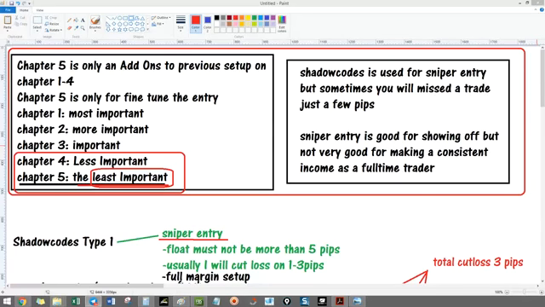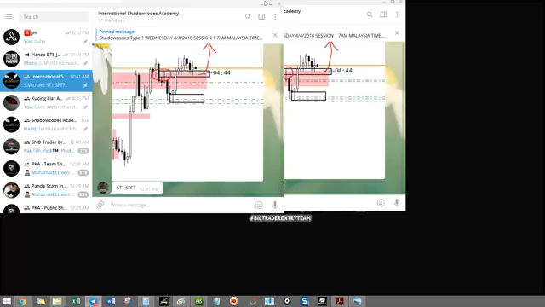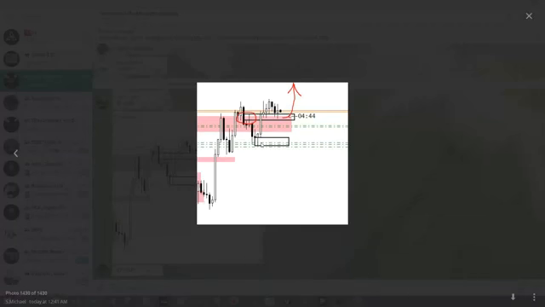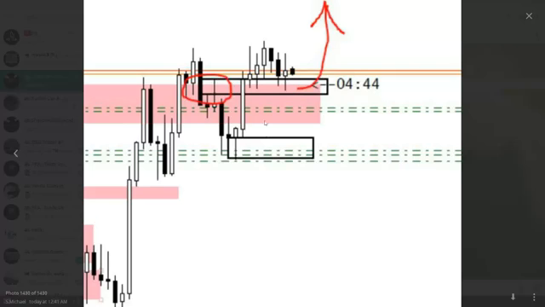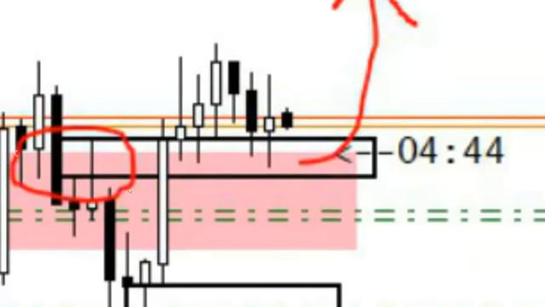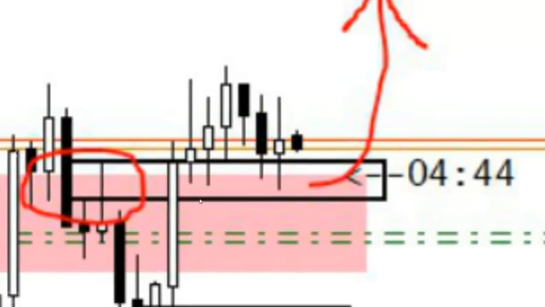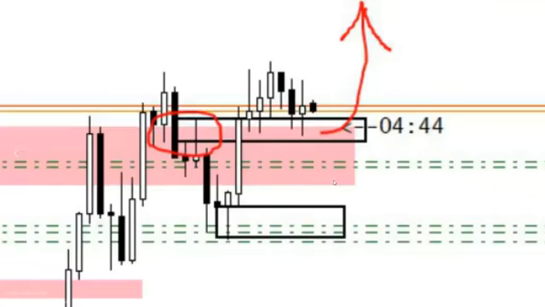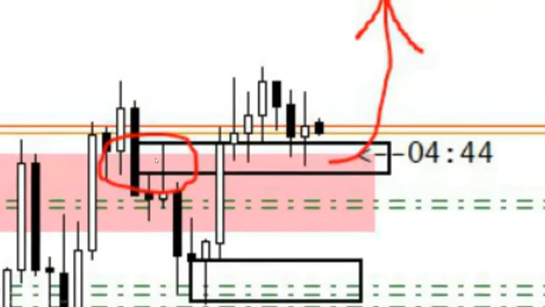ST1 SRF. Which pair is this? Sure, you can call this ST1. This is an ST1 trade. This one looks good. No, we miss a trade. So this is ST1. SRF, RSF, ST1.